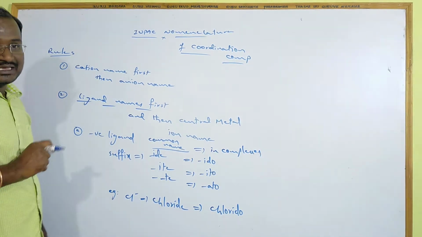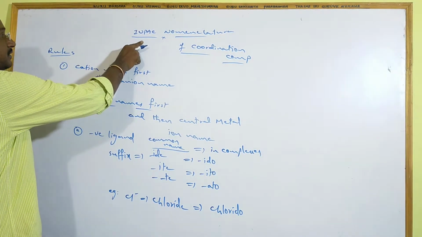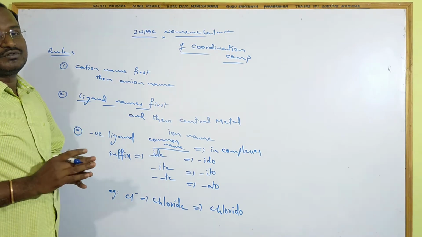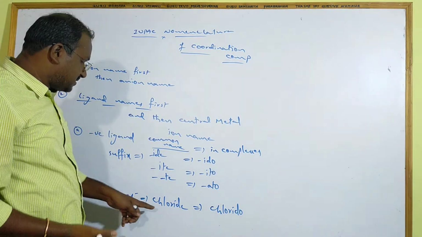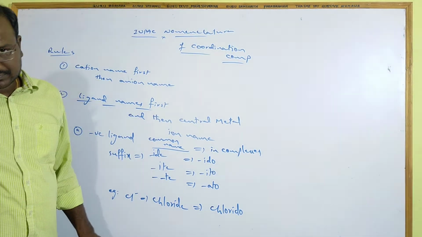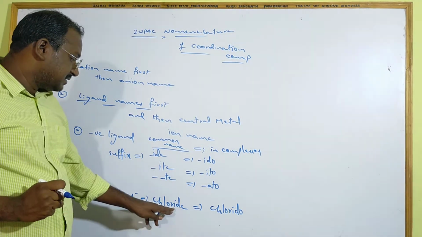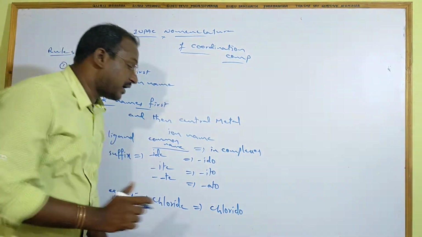But in 2003, the IUPAC organization proposed some modifications for anion ligands. That modification says we have to write chlorido.